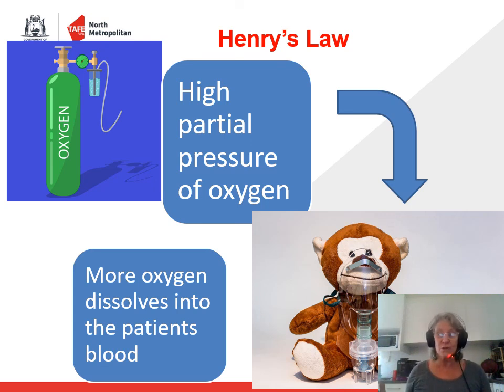Once that percentage dropped a little below 96, we put on some nasal prongs and put a flow of air in through them, which would increase the pressure in the lungs. But then in our little example, the partial pressure of oxygen still dropped, and then we had to put them on a mask with oxygen like this little wee teddy bear's got. That way we can put a lot more pressure into the lungs.